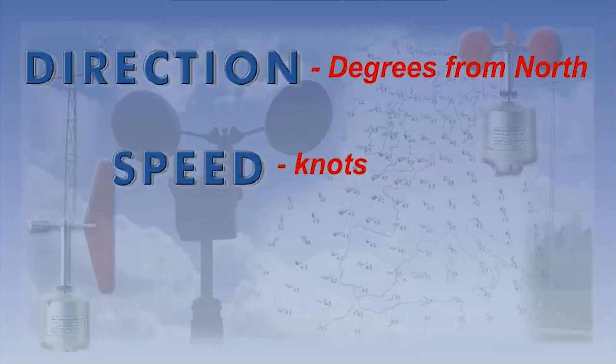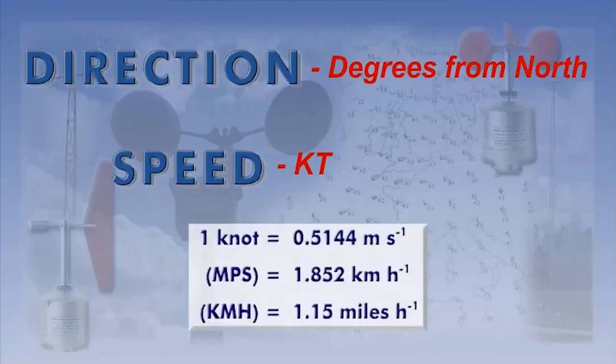The official ICAO abbreviation for use in aviation is KT. Shown here are the conversion factors between the various units of wind speed, namely knots, meters per second, and kilometers per hour.